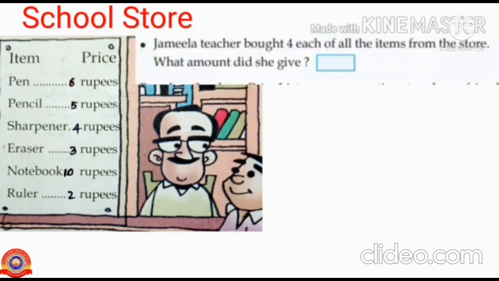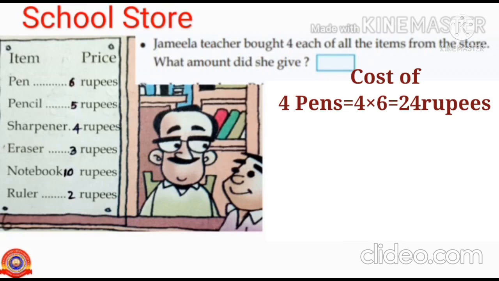Let's do the next question. Jamila teacher bought 4 each of all the items from the store. What amount did she give? That means she bought 4 pens, 4 pencils, 4 sharpeners, 4 erasers, 4 notebooks and 4 rulers. So cost of 4 pens equals 4 into 6, which is equal to 24 rupees.